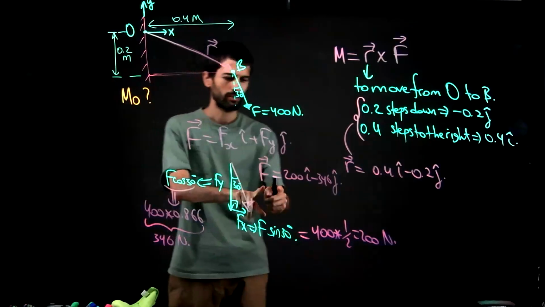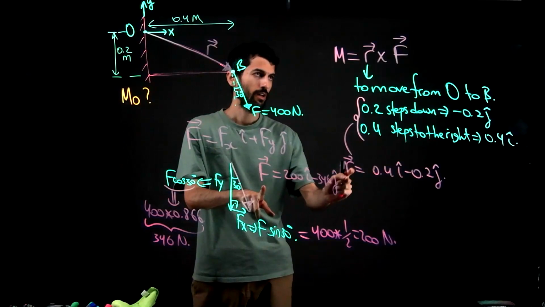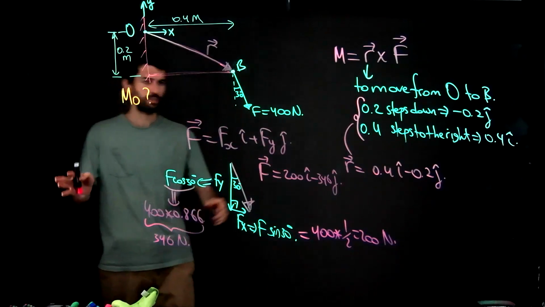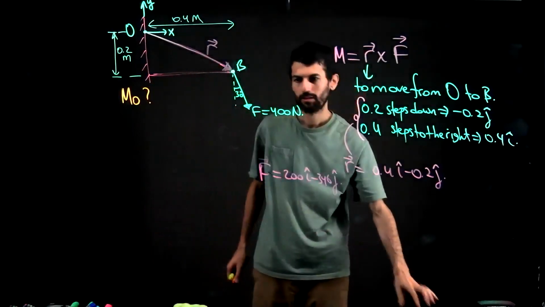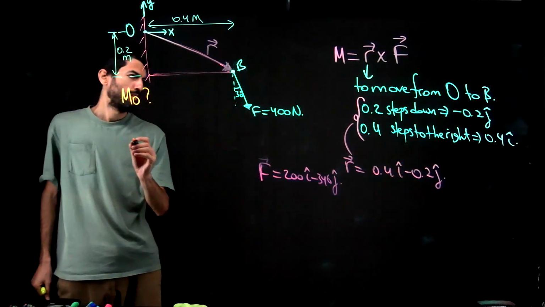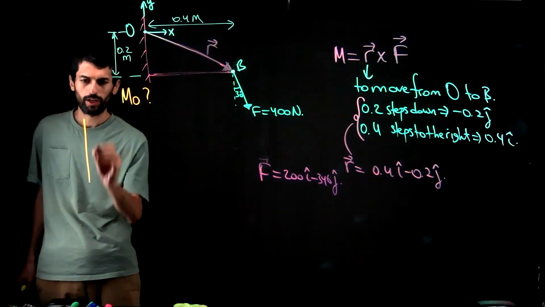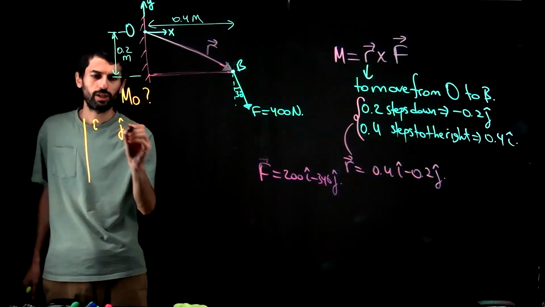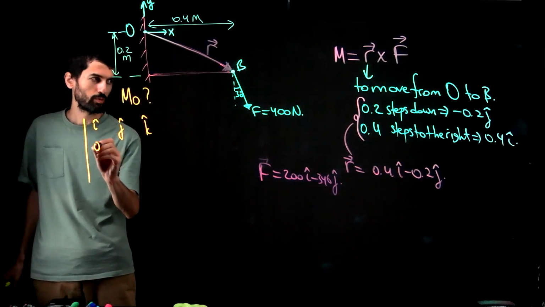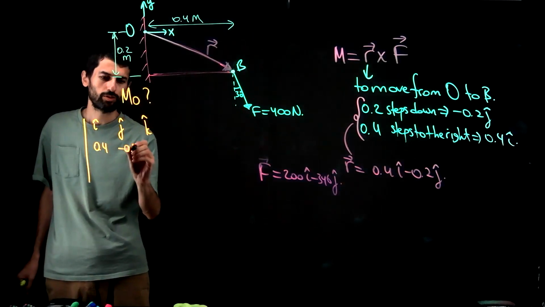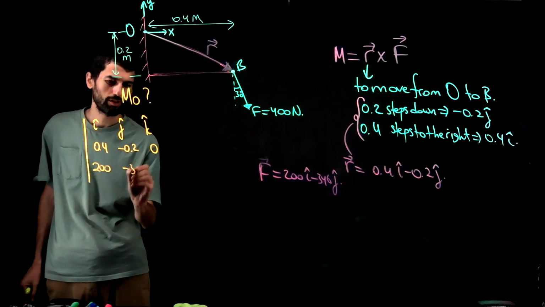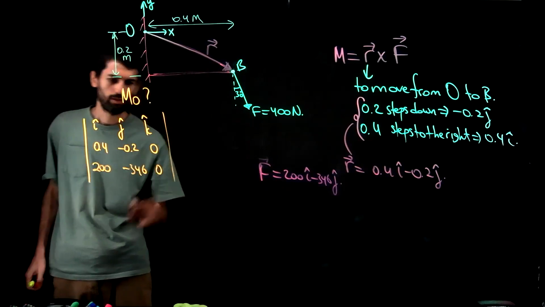Now it's time to find the cross product between this force and this arm. First let me erase this part. For the cross product we have the i, j, and k components. The position vector is 0.4, negative 0.2, and 0. The force is 200, negative 346, and 0.